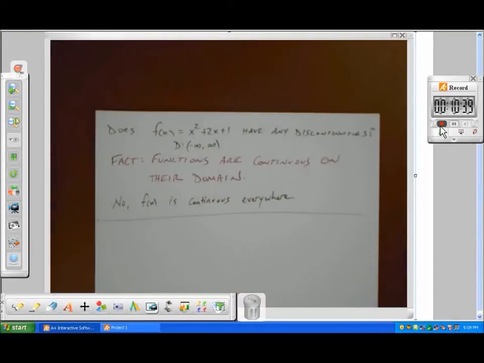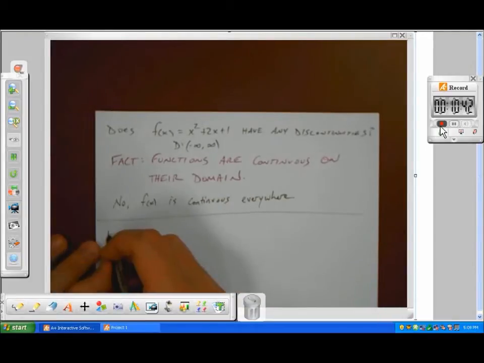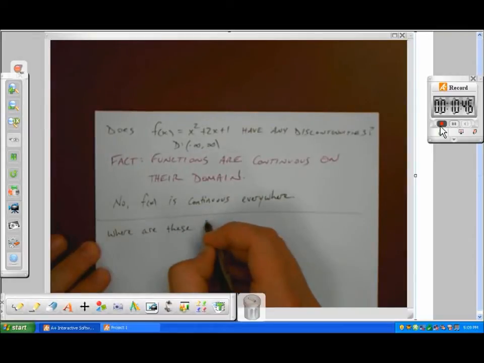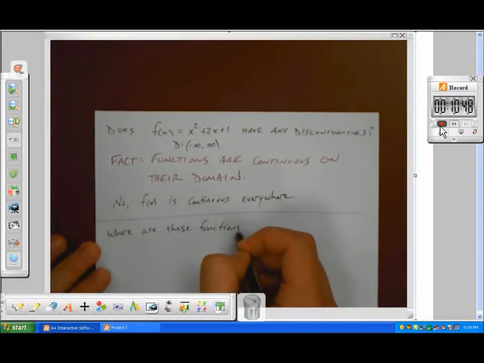This leads us to another question. Where are these functions continuous?